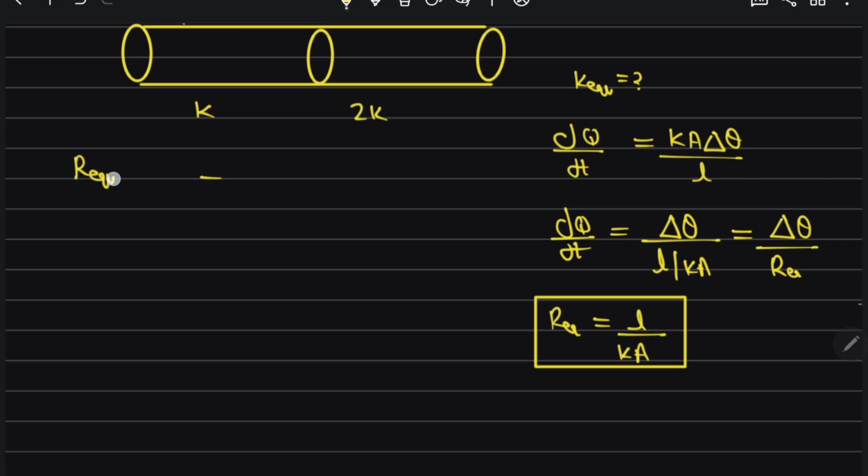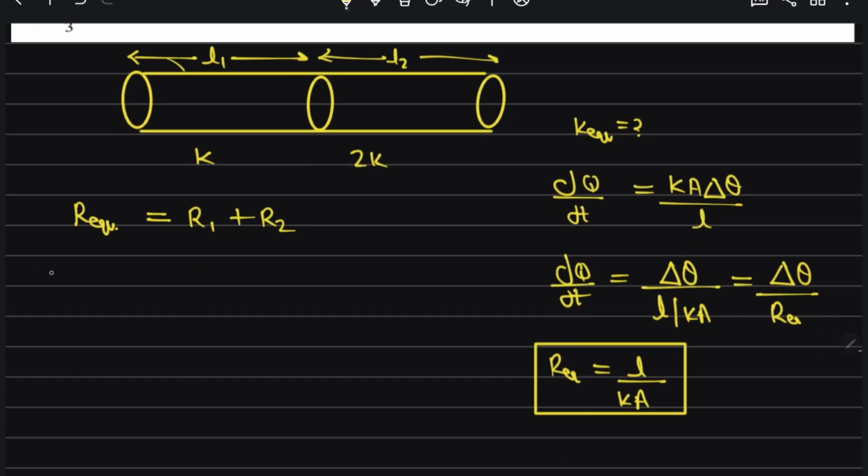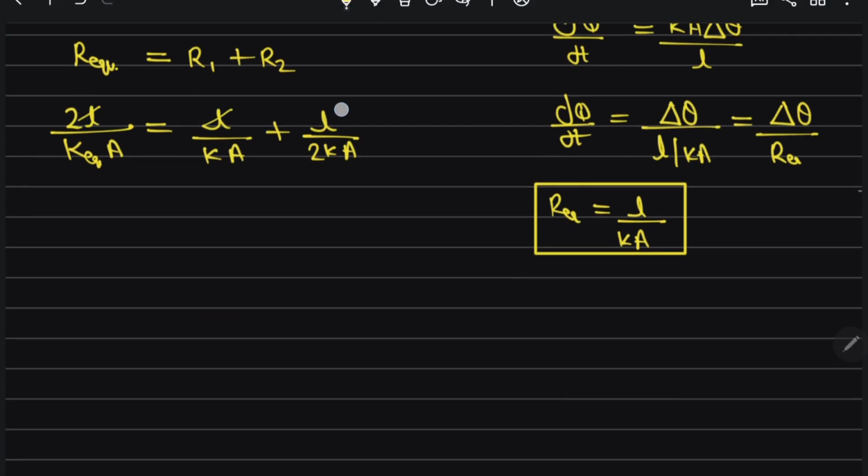So in series, R equivalent is equal to R1 plus R2. The total length is 2L, so 2L upon K equivalent into area is equal to L upon KA plus L upon 2KA.